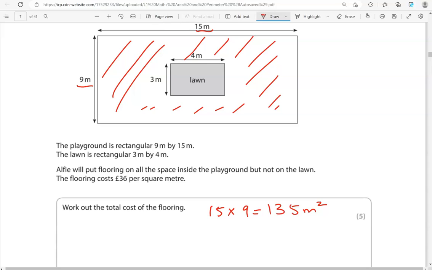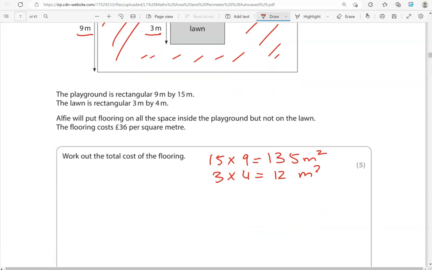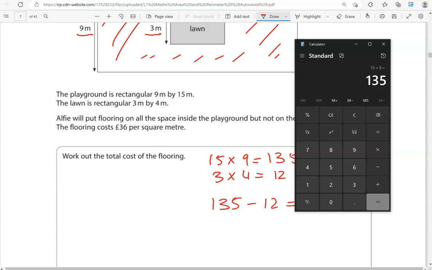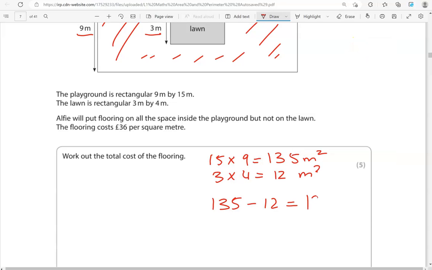And then the area of the lawn, which is 3 times 4, and that's 12 square meters. So 135 now, take away 12, which is 123.